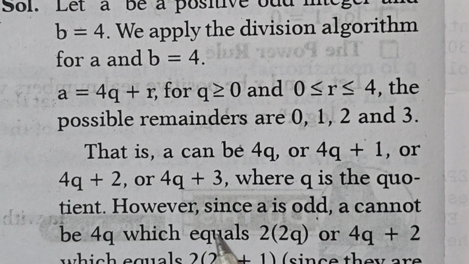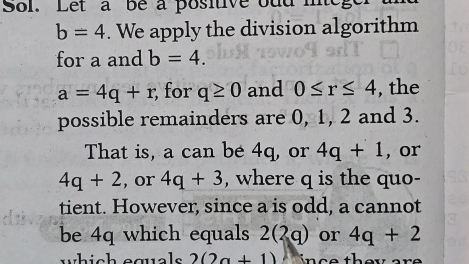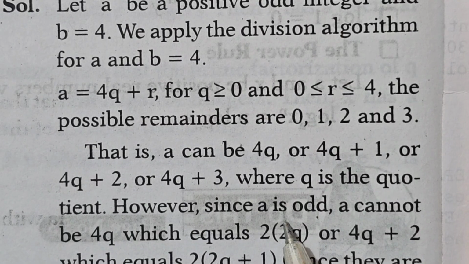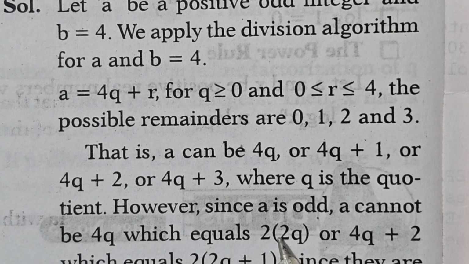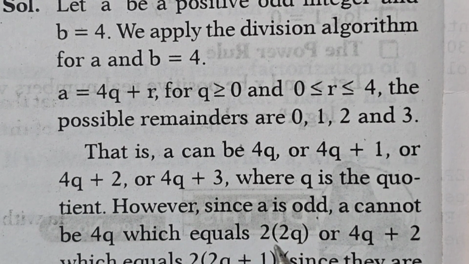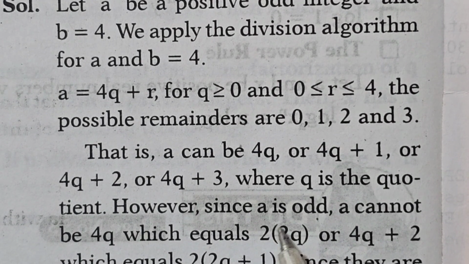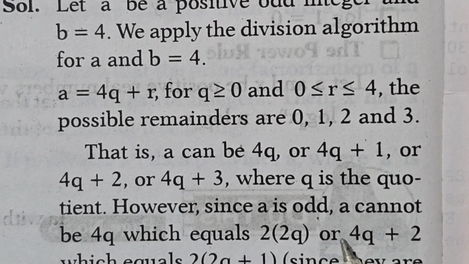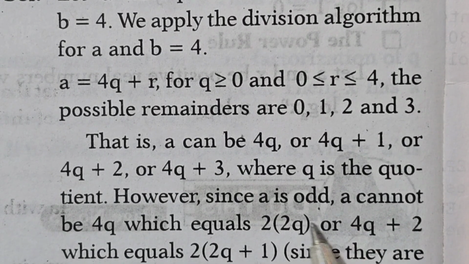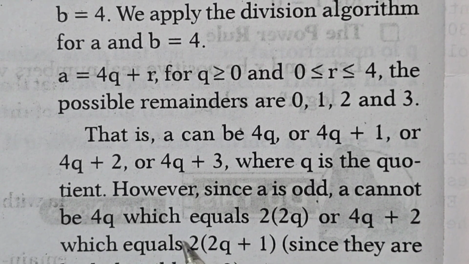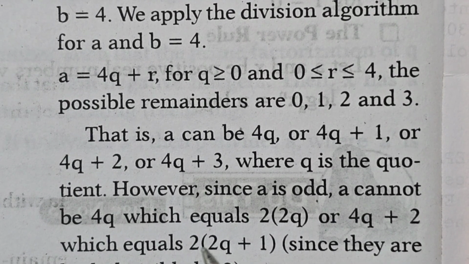4q is equal to 2 into 2q. All the multiples of 2 we know are even numbers. 2 into 2q, that means 4q is always an even number. And the next one is 4q plus 2. If you take the common 2, we get 2 into 2q plus 1. 2 into 2q is 4q, 2 into 1 is 2.